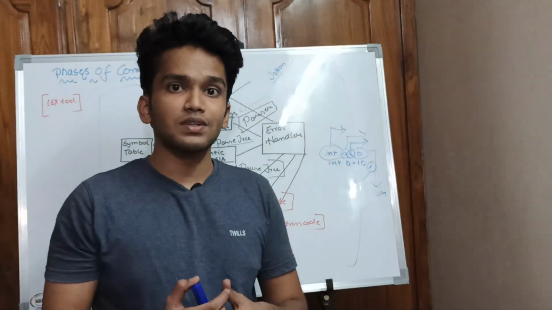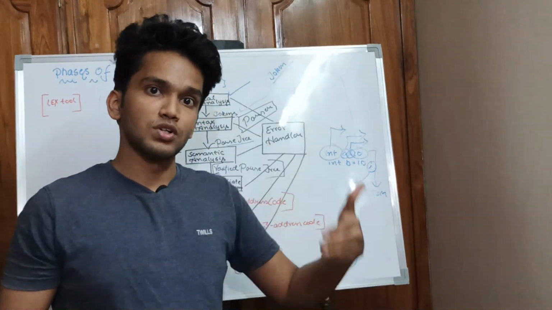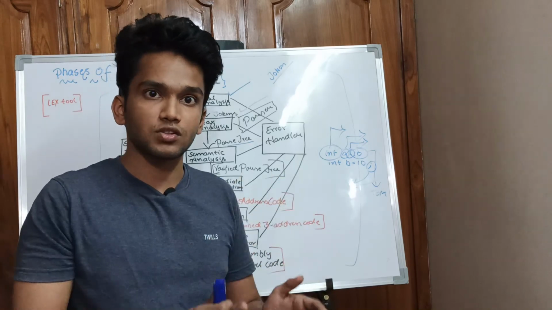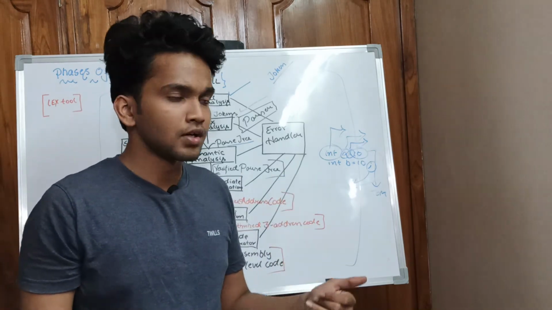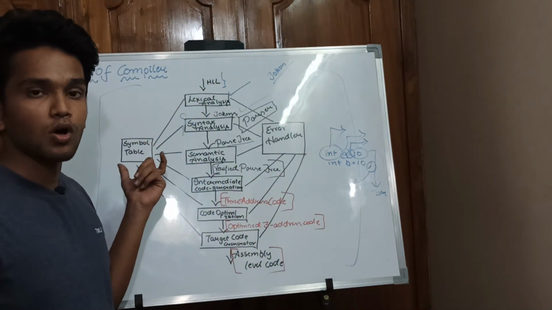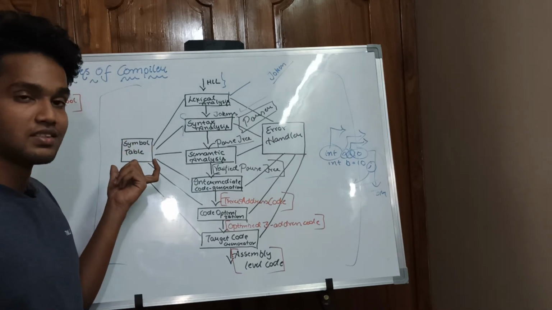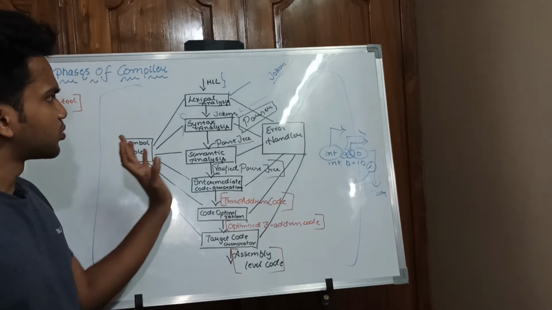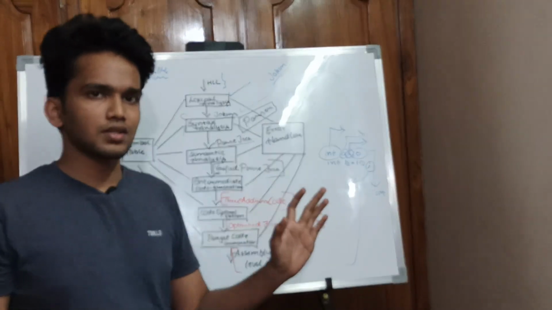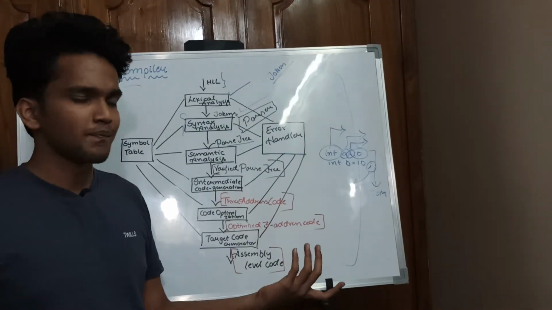But whatever we should check with the original syntax of C programming or any other programming, we have a data structure to hold all those things. So that is a symbol table. These both are also called modules, but consider symbol table as a data structure.